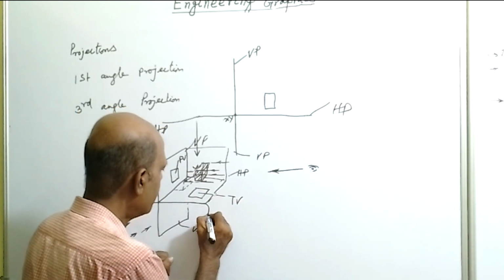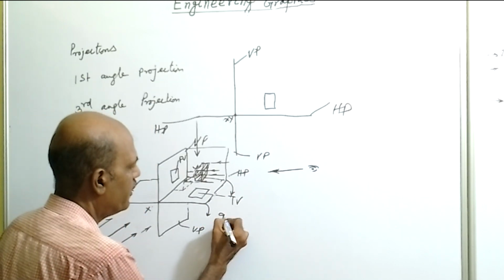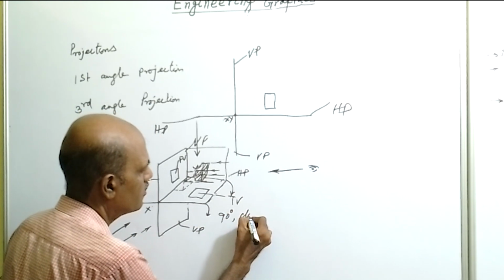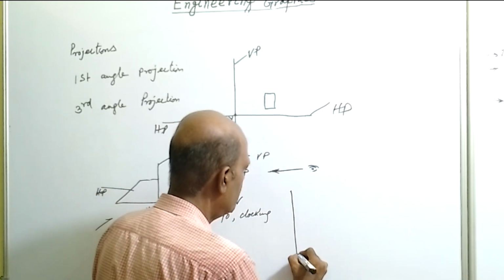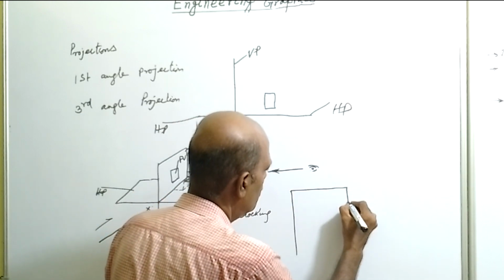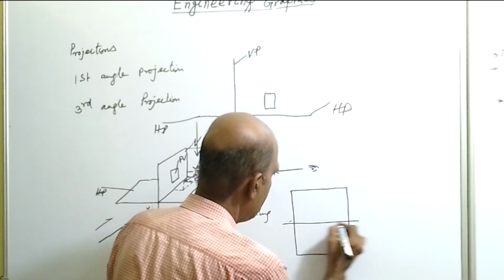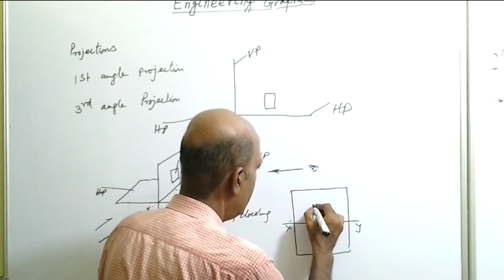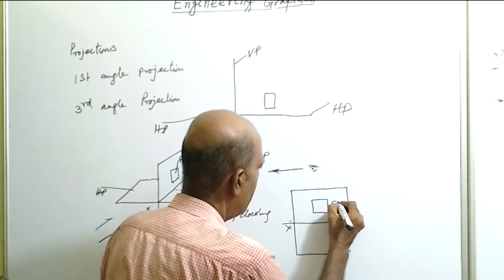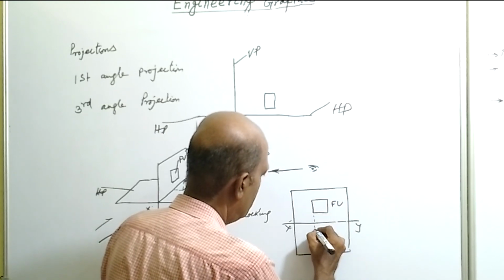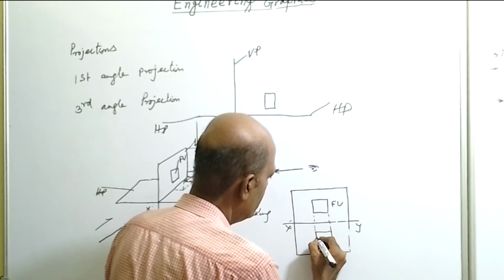So after taking the projection, this horizontal plane will be rotated by 90 degrees in clockwise sense. If we rotate this and draw the orthogonal view, this is the reference line XY, and here the front view of the object is made, and the top view will be formed on HP.